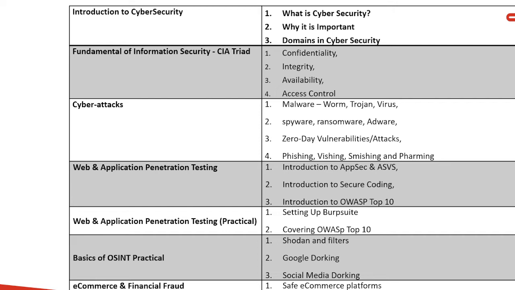So confidentiality means that we keep the people who are not authorized to access any information away from that resource or information.